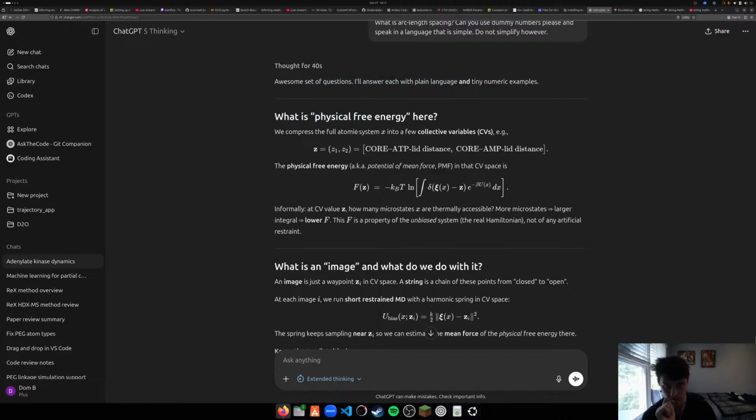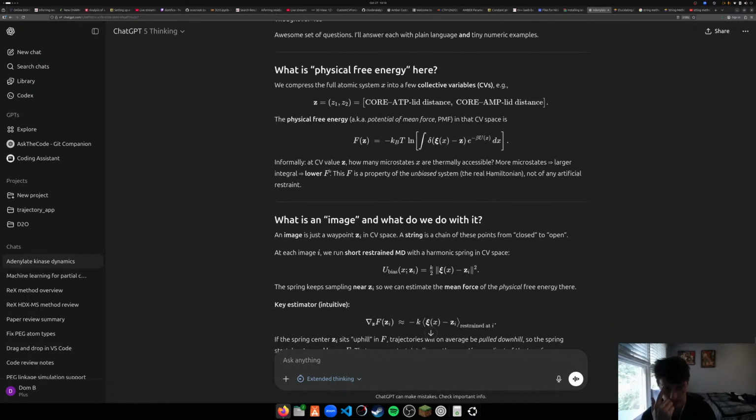What is the physical free energy here? We compress the full atomic system X into a few collective variables, e.g. core ATP lid distance, core AMP distance. The physical free energy, aka potential of mean force, PMF, in that CV space is that.